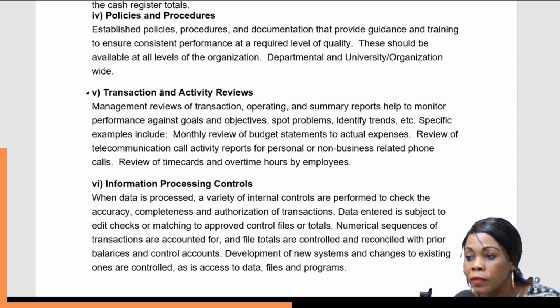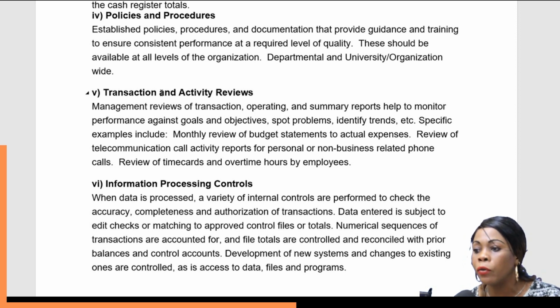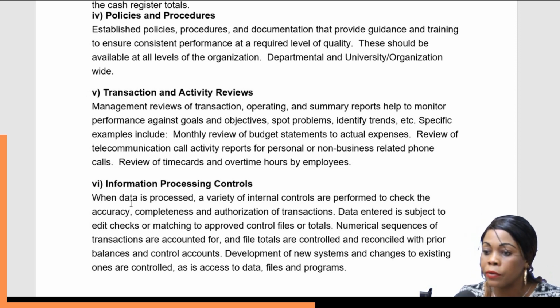Specific examples of these are monthly review of budget statements against actual expenses, review of telecommunication activity reports for personal and business related phone calls, review of time cards and even overtime hours by employees. Okay.